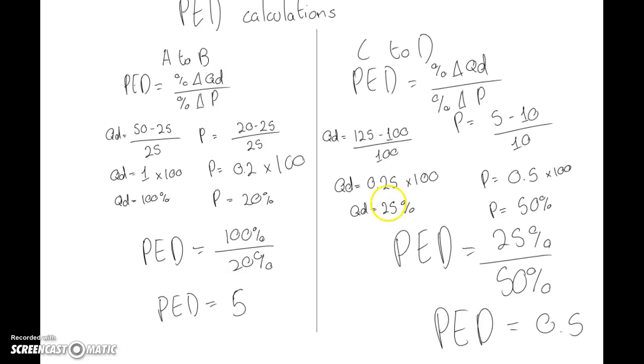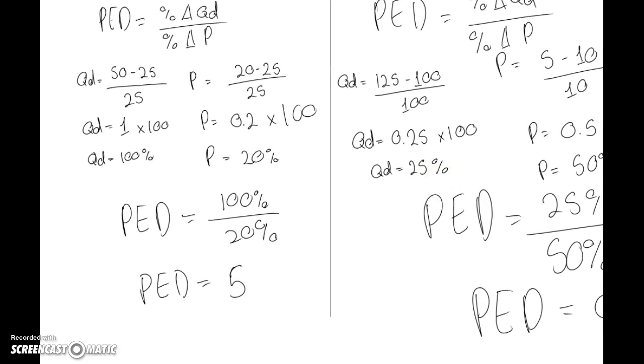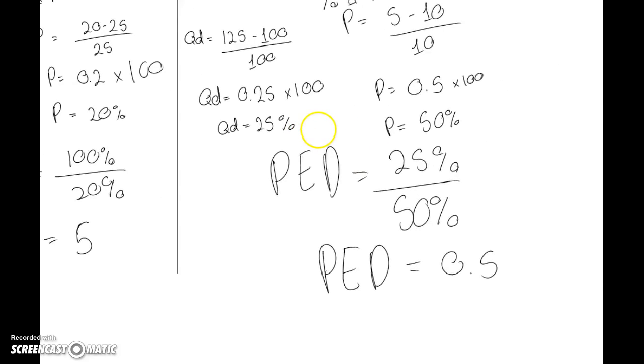This is because if it is elastic, the quantity demanded change is bigger than the price change, which will equal more than one. And instead, if it is inelastic, the quantity demanded change is going to be less than the price change. This concludes that the PED will vary even if the changes made are the same.